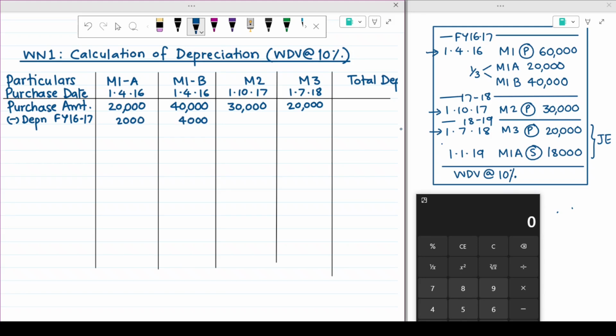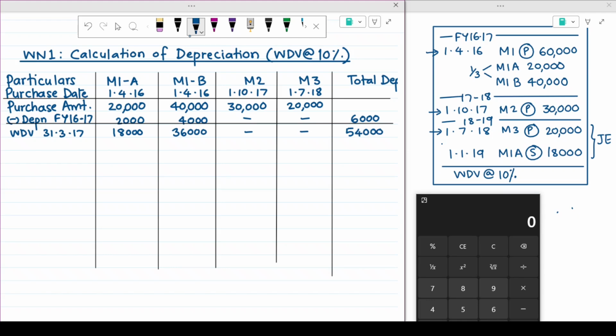The other two machineries were not purchased, so this will be dash and dash. The total depreciation is 6,000. The WDV amount as on 31/3/17 will be 18,000, and 40 minus 4 is 36,000. These amounts are not there, and total will be 54,000. So this is first year.